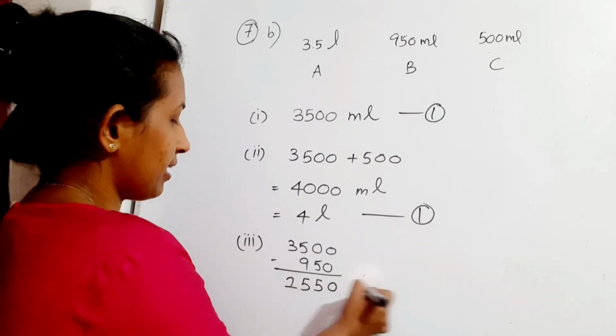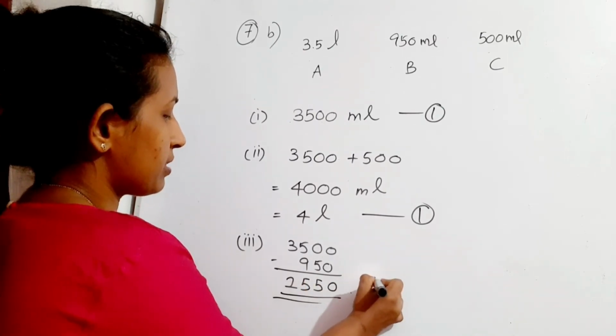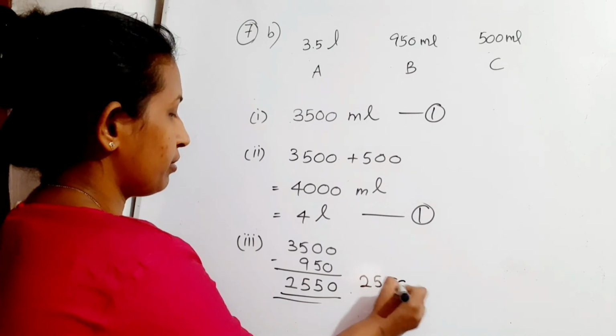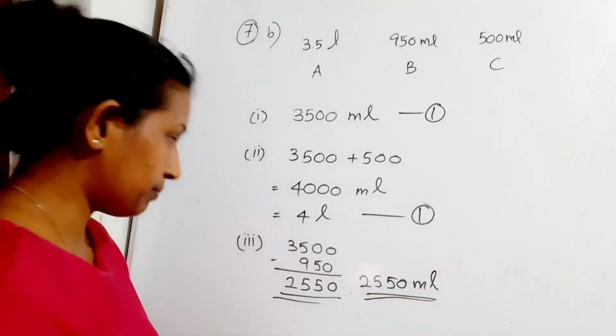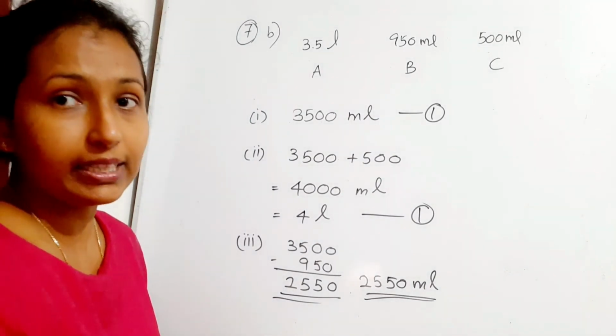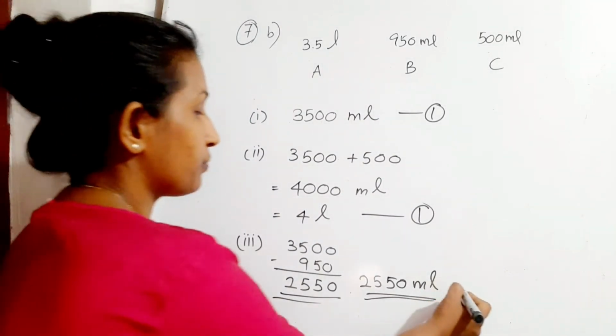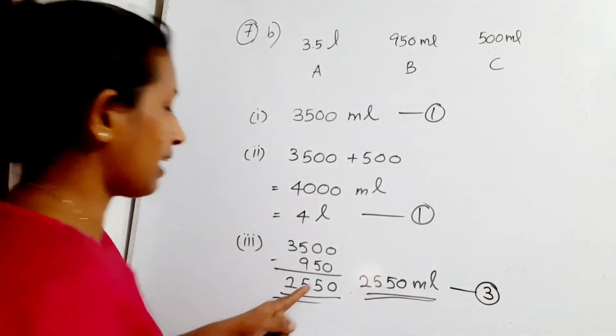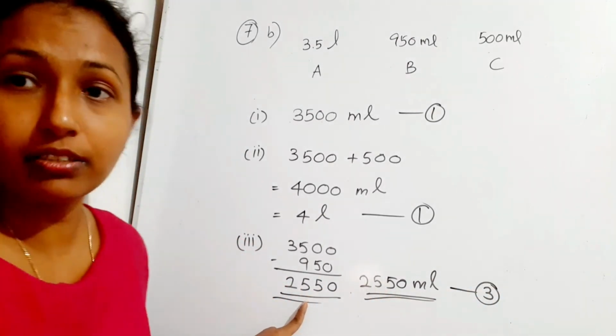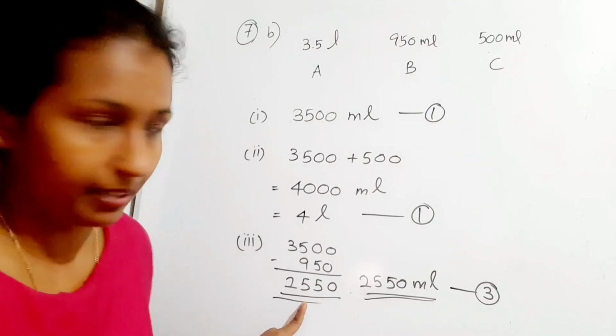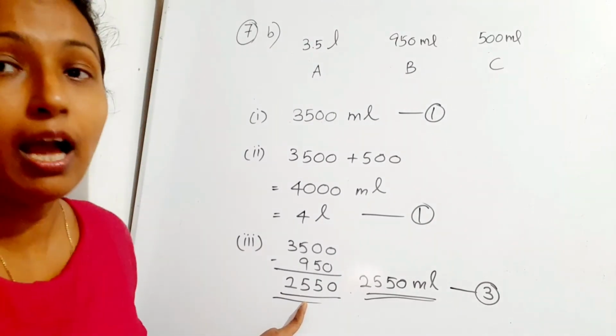You can write it like this: 2550 milliliters is the answer. You will be given 3 marks for that answer: 2 marks for the answer and 1 mark to show the subtraction part. That is how you will be given marks.